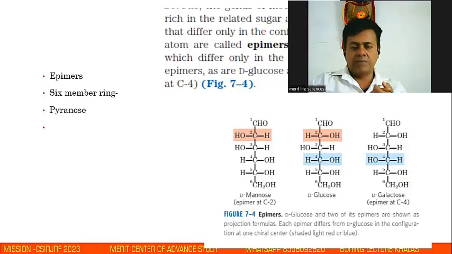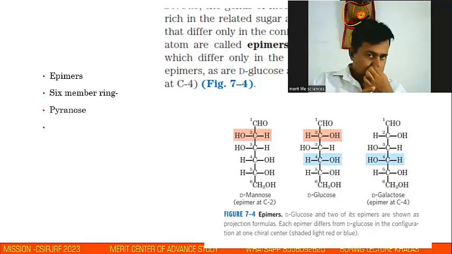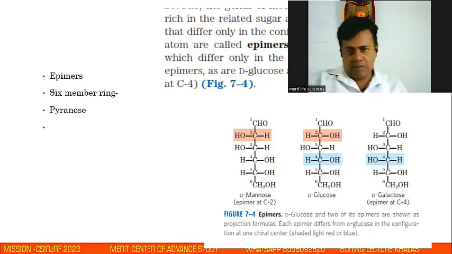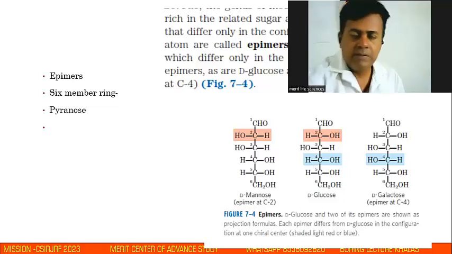So if you compare D-mannose and D-glucose, they are epimers. Epimer means different at carbon 2. If you compare D-glucose with D-galactose, they are epimers at carbon number 4. So you must remember this properly. Okay.